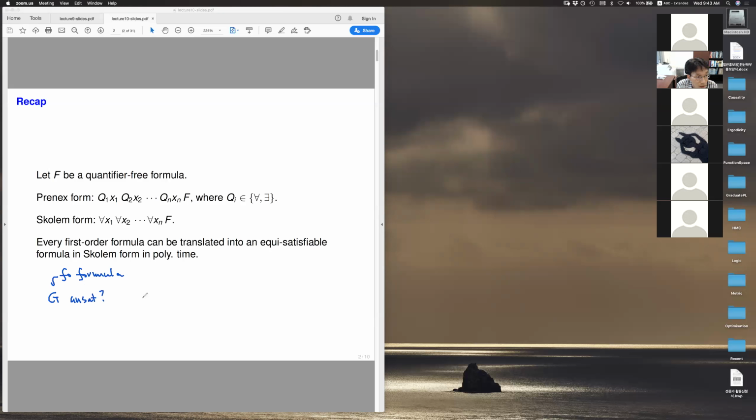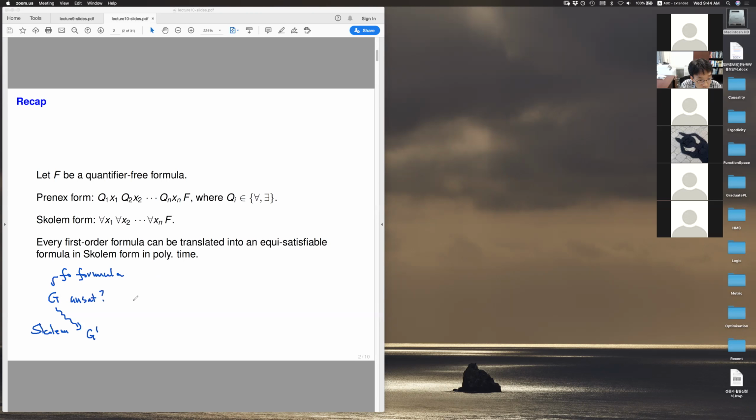What we discussed so far says that if you are interested in unsatisfiability, we can simplify the problem a little bit by doing Skolemization. So we Skolemize G to get G prime. One thing we learned is that G and G prime are equisatisfiable, which means they are also equi-unsatisfiable.